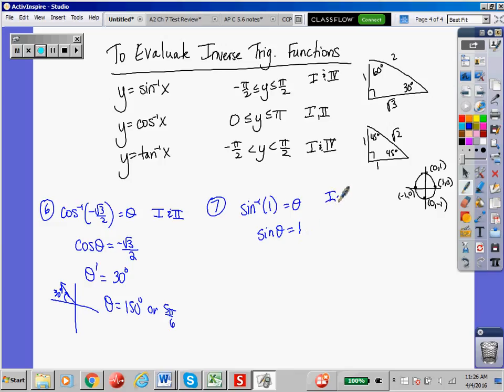Now this is first and fourth quadrant. Now be careful. When I say first and fourth, it has to go 0 to pi over 2 and 0 to negative pi over 2. I couldn't say 11 pi over 6. I couldn't say 5 pi over 3, okay? So sine of theta equals 1, that's up here. So theta is pi over 2.